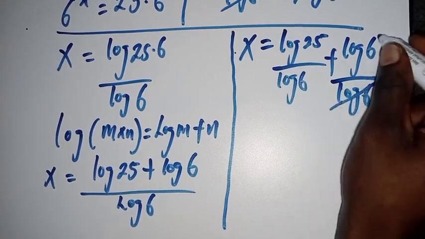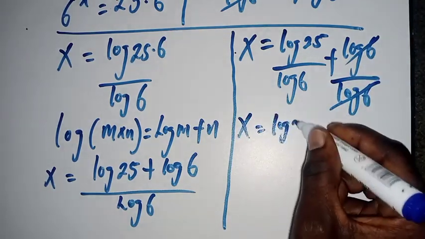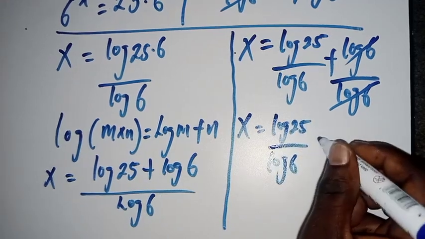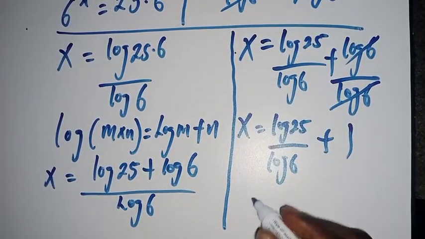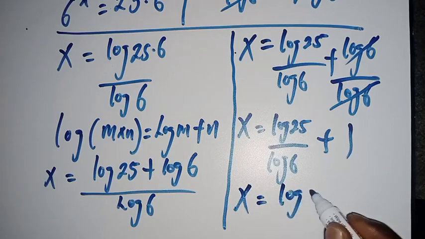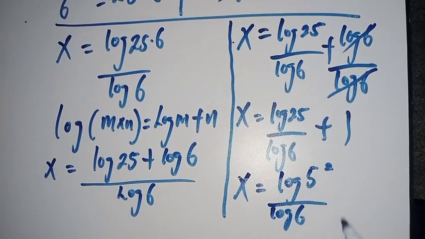So if this cancels this, we have x to be equal to log 25 over log 6 plus 1. From here, we can also see that x is equal to log 5 squared over log 6 plus 1.